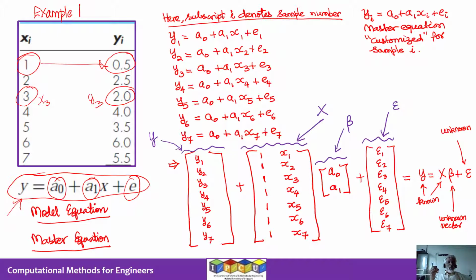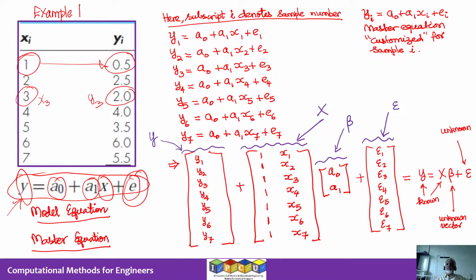So all the 7 observations will have the same a naught value and the same a1 value because they come from the same system. What is different between these 7 samples is the value of x that we use, the value of y we obtain, and the value of the error that could be there. But a0 and a1 are the same for all these 7 observations. And we are basically trying to find out what this a0 and what this a1 is.